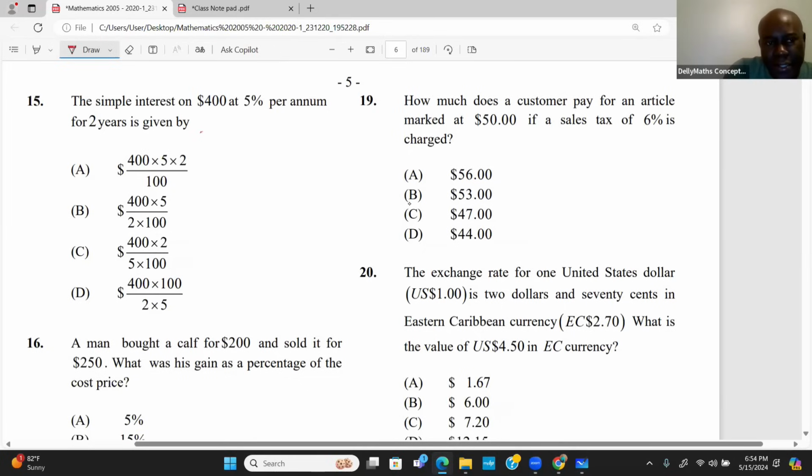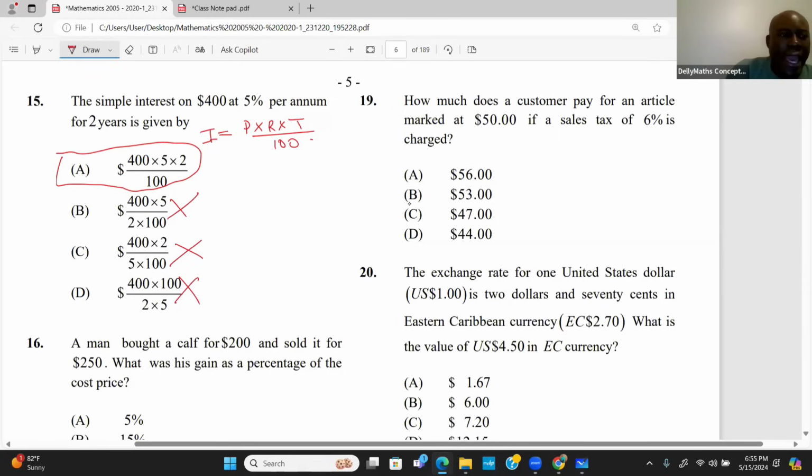Simple interest is equal to P times R times T over 100. So matter of fact, all of this is the answer, because the moment I look at my formula, this is not over 100, this is not over 100, this is not over 100. And because I know the simple interest formula, even without setting it up, I had to pick that and I'm gone.